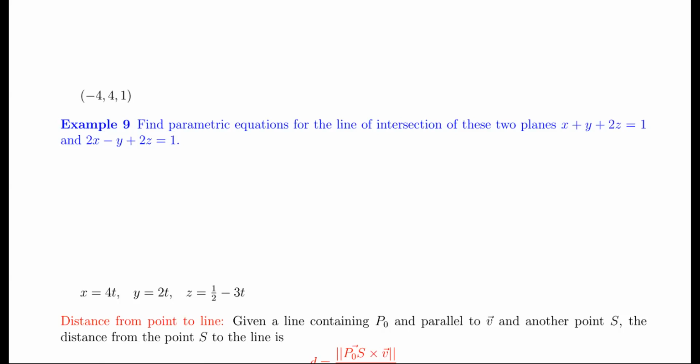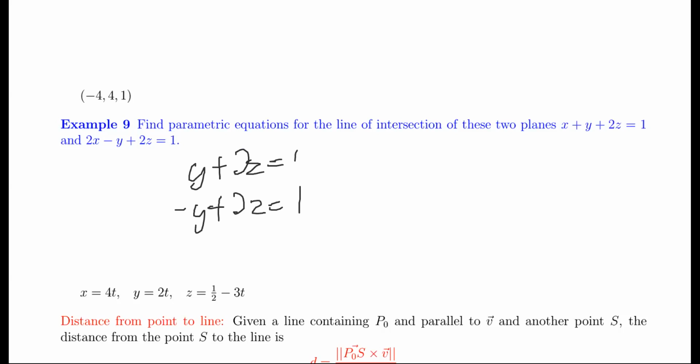So let's check that. If we plug in x equals 0 here, we get y plus 2z is equal to 1, and we get negative y plus 2z is equal to 1 as well, just plugging x equals 0 into those two equations of a plane.